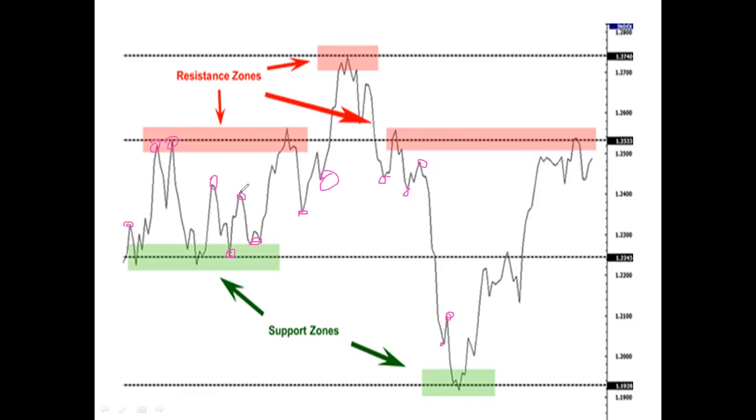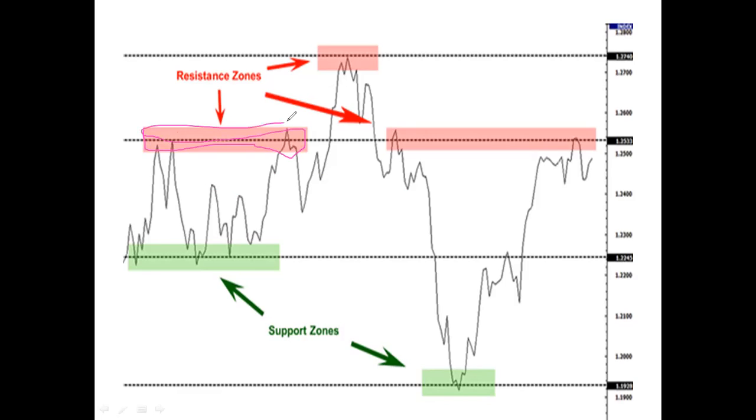Is that okay? And when it comes to support and resistance, I want you to consider it as a zone and not just a line. Now, hear me carefully. I said I want you to consider support and resistance as a zone and not just a line. When you look at this shaded portion, you will realize that it is a zone.